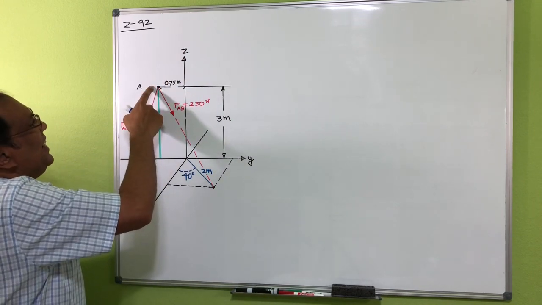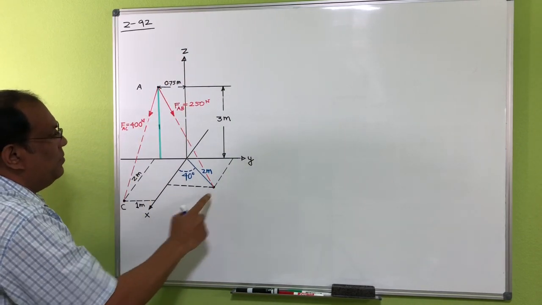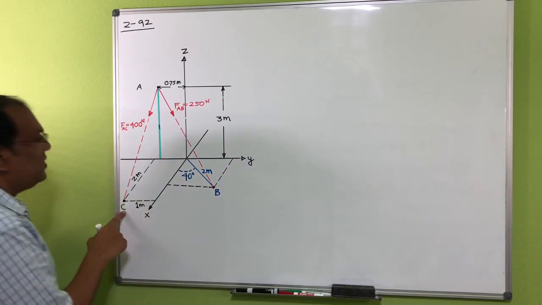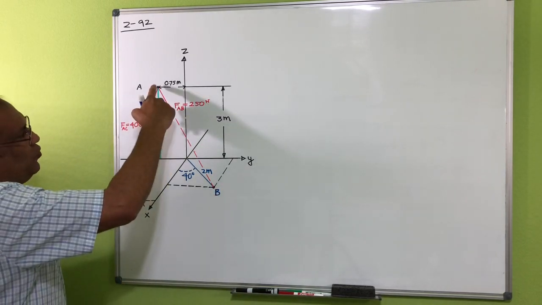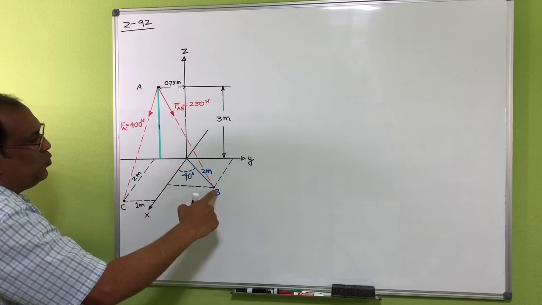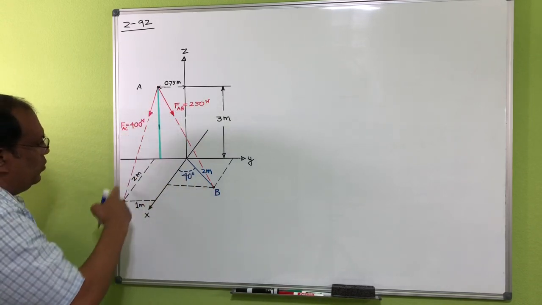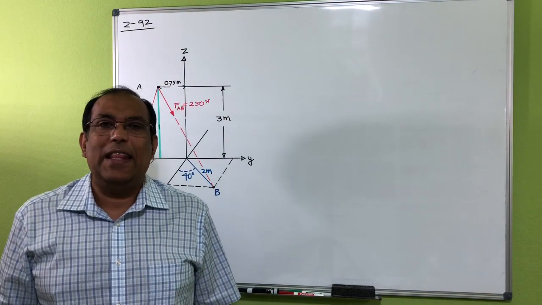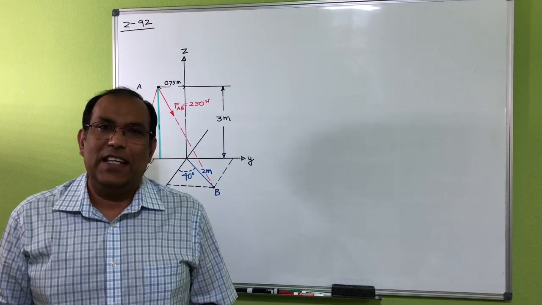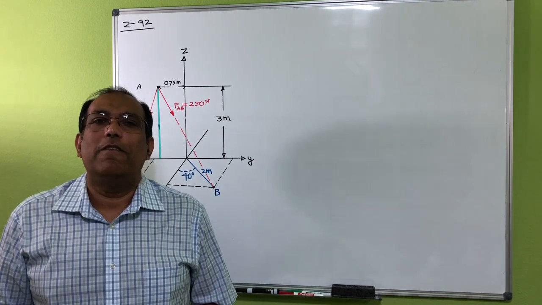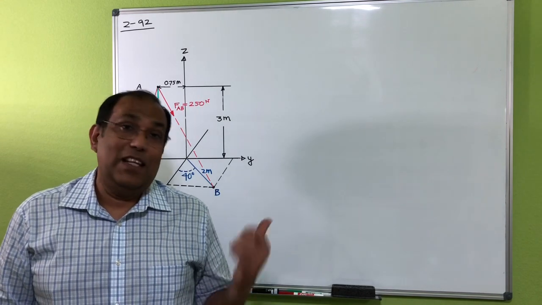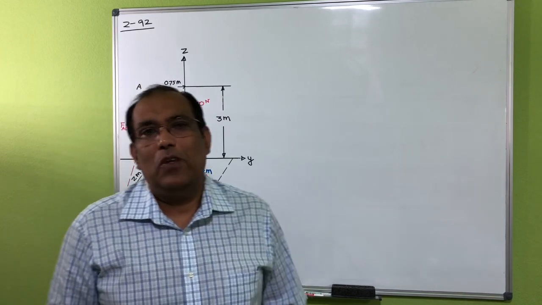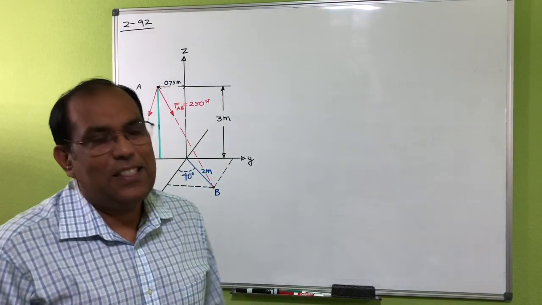This is point A, this is point B, and this is point C. So I have two forces working from A to B and then from A to C. I have to find out the resultant vector and then find out the coordinate angles of the resultant vector.